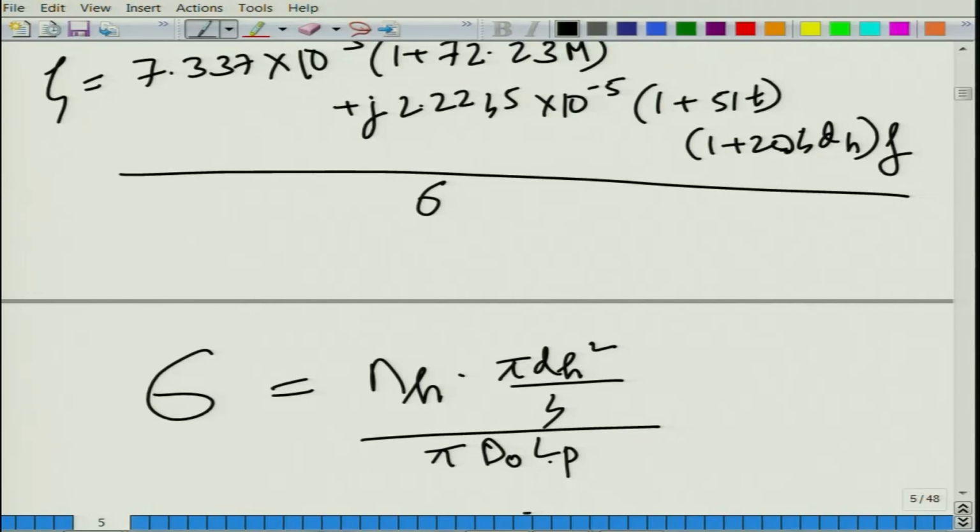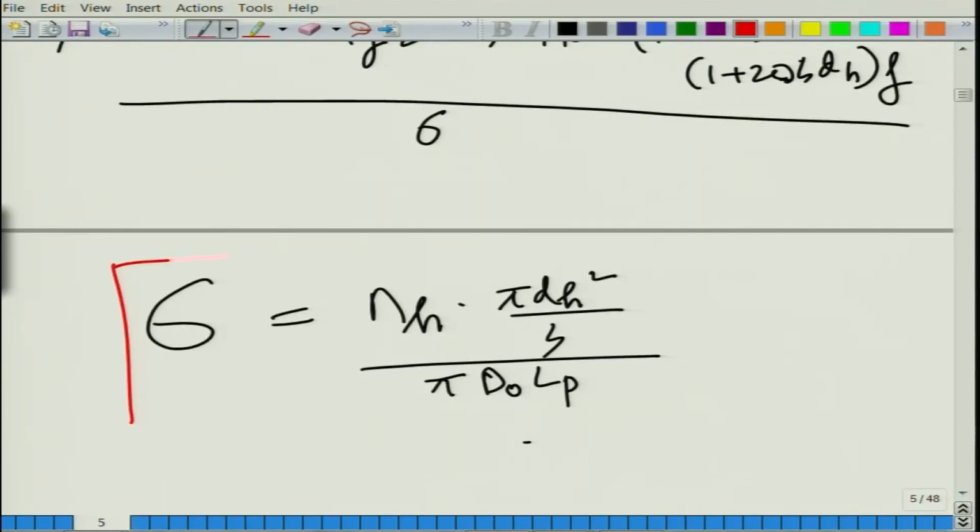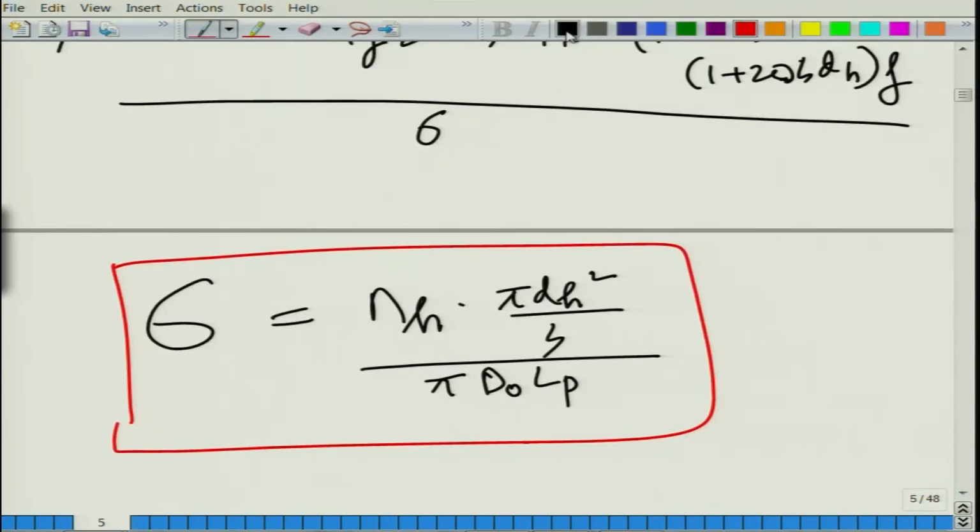It is like a rectangle when you do the development. So, pi d is the circumference, or 2 pi r naught, multiplied by LP. So, this is the porosity, and clearly if the numerator, the total area covered by the holes, is substantially large compared to this curved surface area, then the porosity is more.